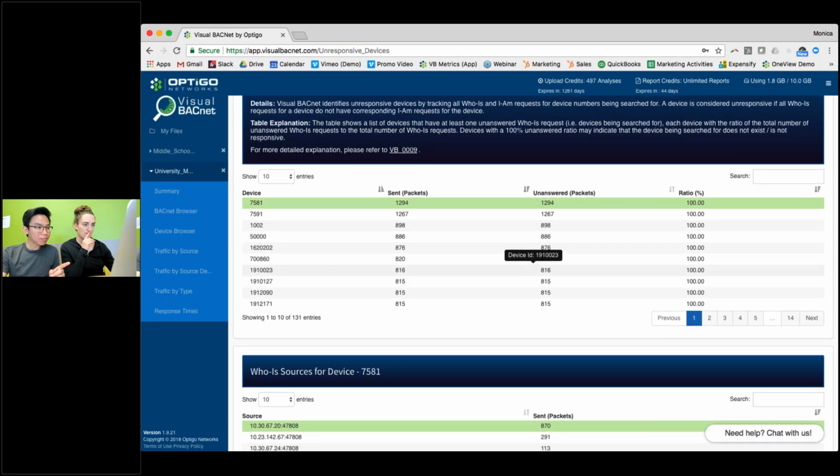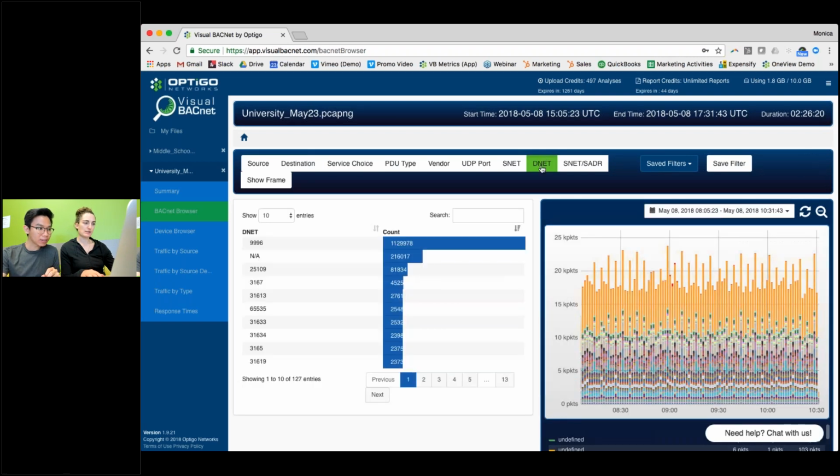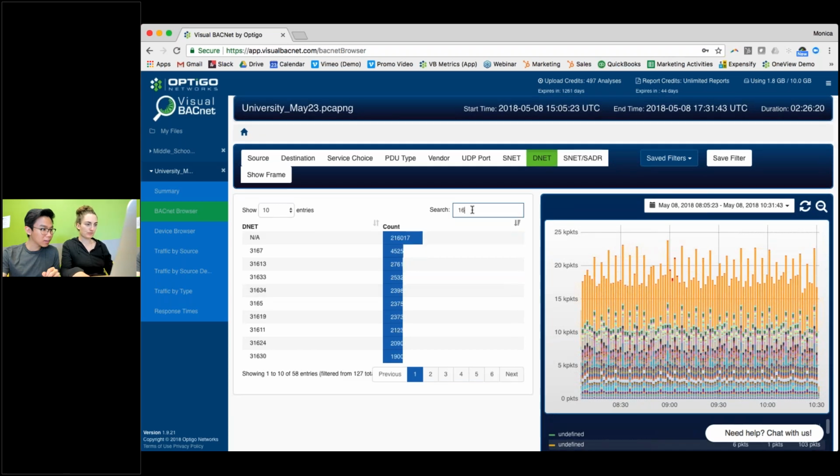So try BACnet browser. Okay. So DNet is 16. Ah, 16.